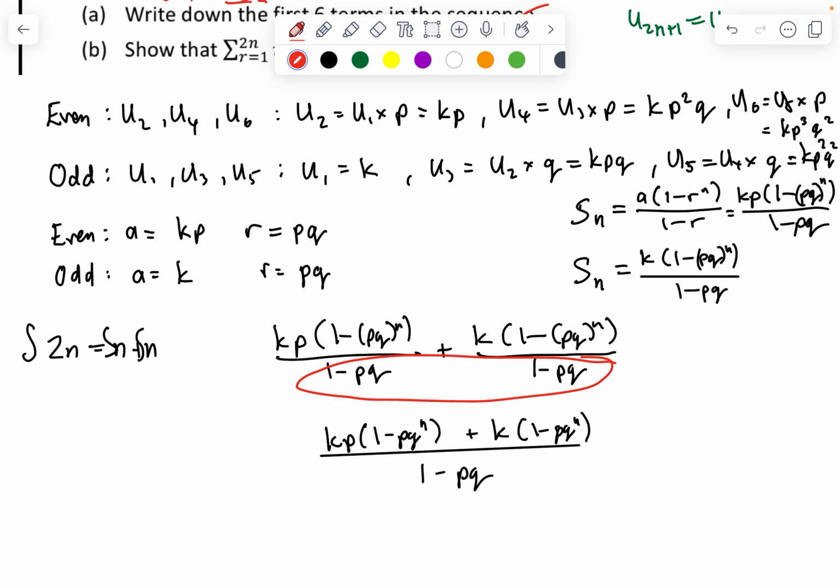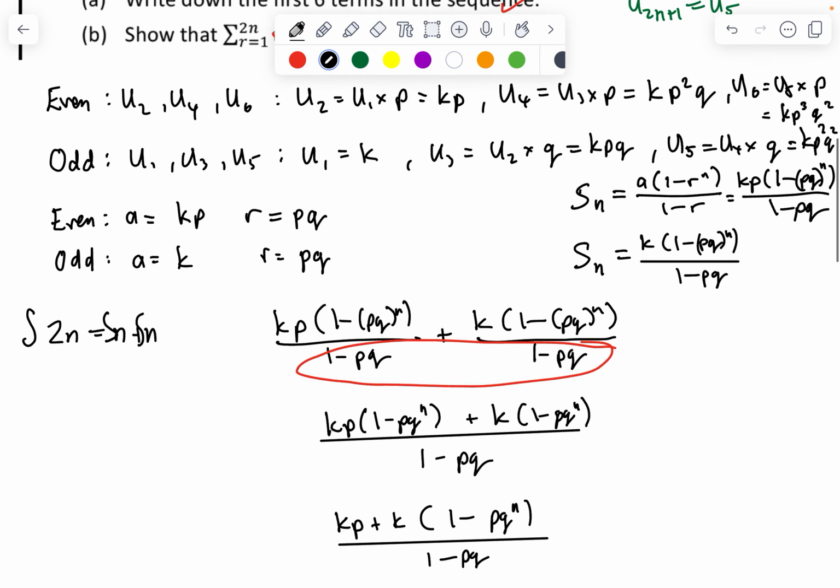And as both of them are multiplying the same thing, I can then factorize this. This is just the tidying up part at the end of the question. So I've got kp plus k times 1 minus pq to the n, all divided by 1 minus pq.